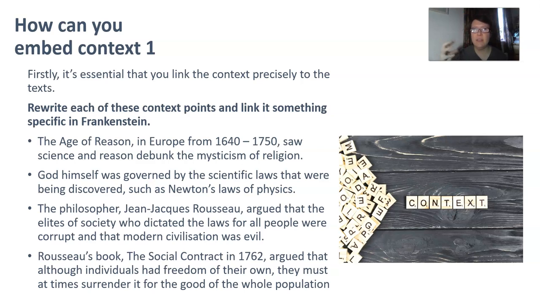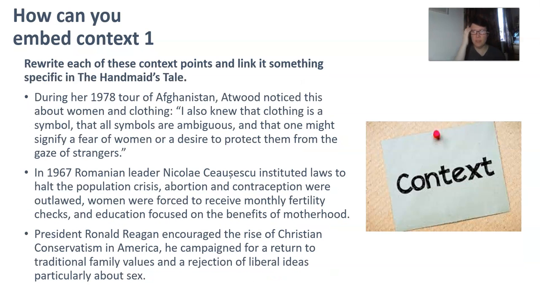And then on the next slide, we have the same task, but for The Handmaid's Tale. Okay, so this is the one for Handmaid's Tale. Just 3 pieces here, some of them that we've talked about already, and you're going to do the same thing. So you're going to rewrite these pieces of context, and write them up in a way that links them to something specific in The Handmaid's Tale, a specific intention by the writer, or a specific event or character, so that you're practicing dealing with this level of detail.